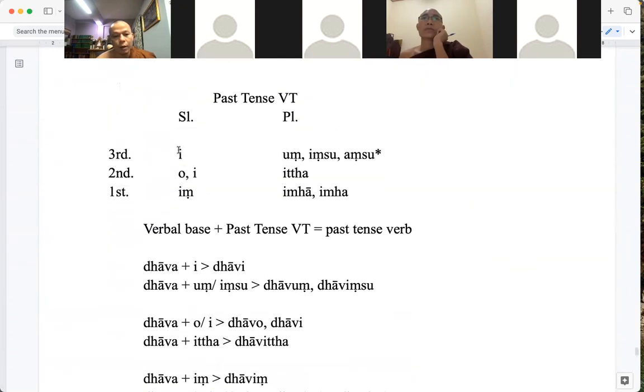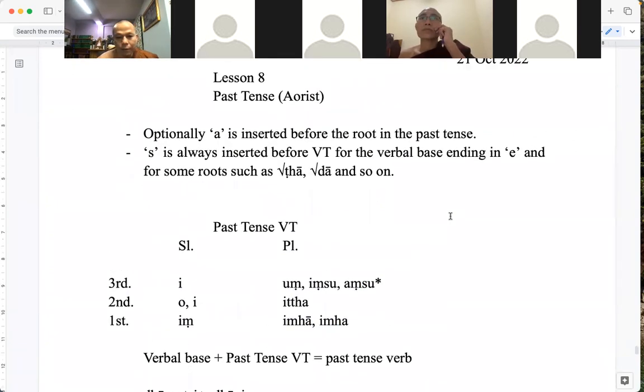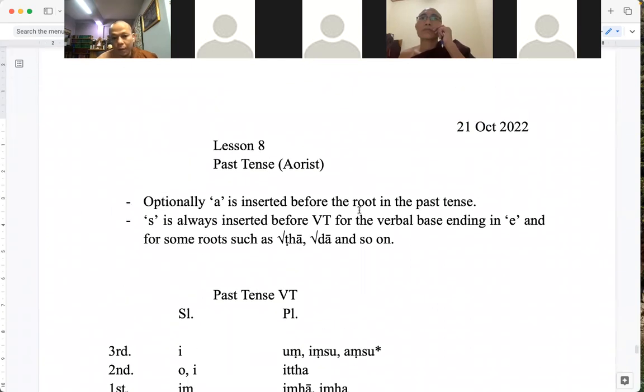So here, e, om, insu, amsu, or e, so eta, a ma, a ma. So now we have finished the past tense verb terminations and how to form the past tense verb.